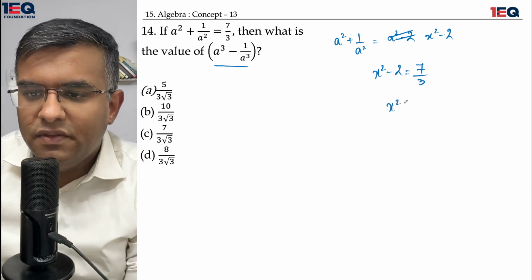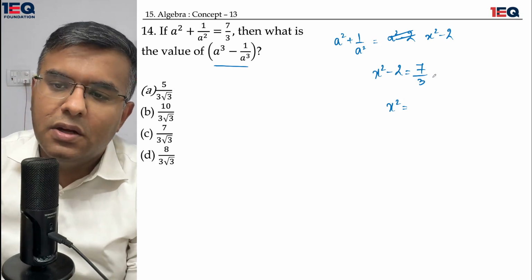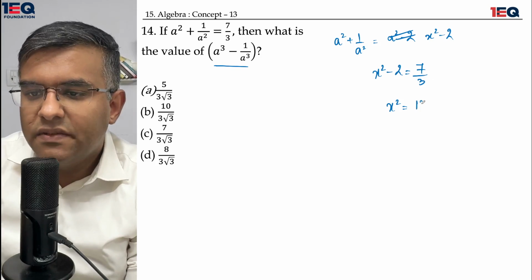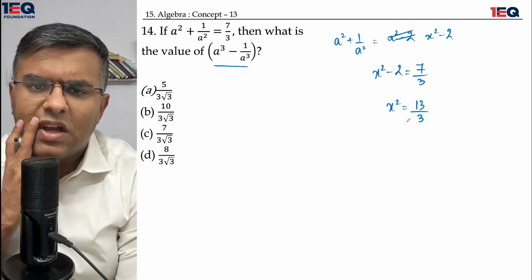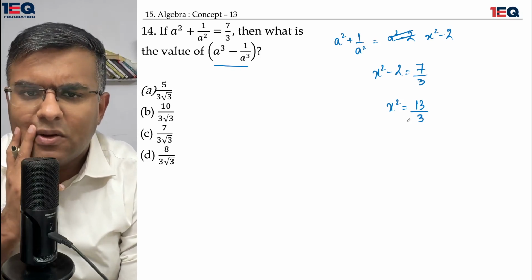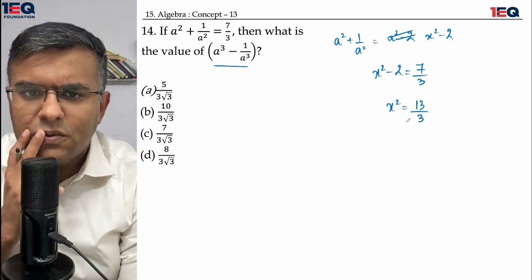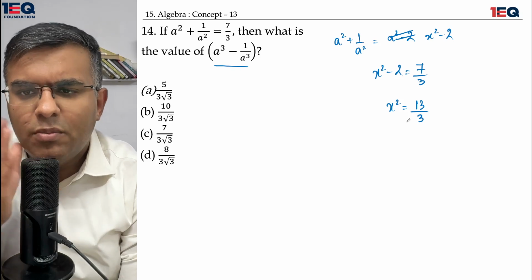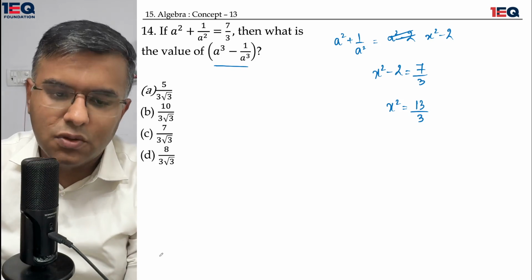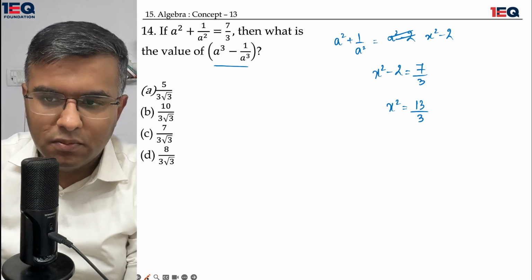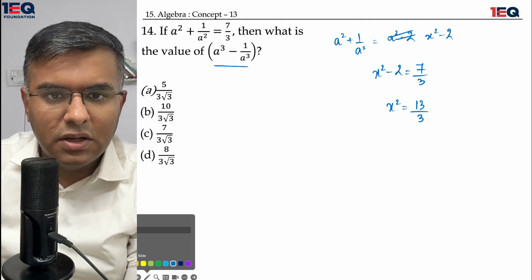So the value of x square would be 2 goes there, and 3 2s are 6, 6 plus 7 is 13 by 3. I find something not going right. If I put a minus 2 on both sides, then I will reach that point. So, yeah, there was a small fault, and let me clear that out.